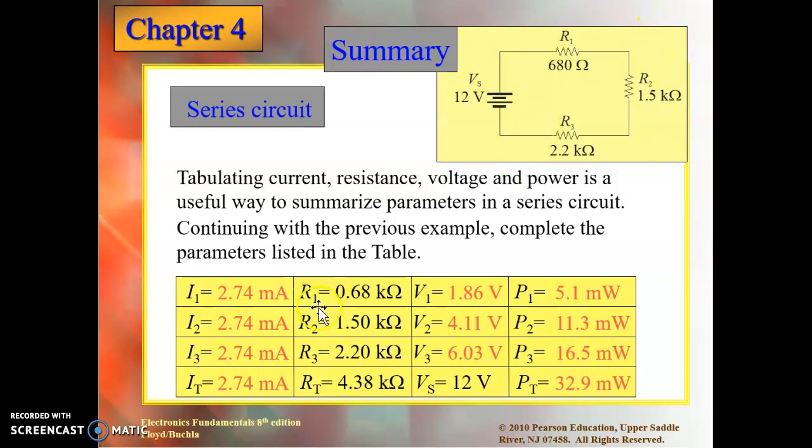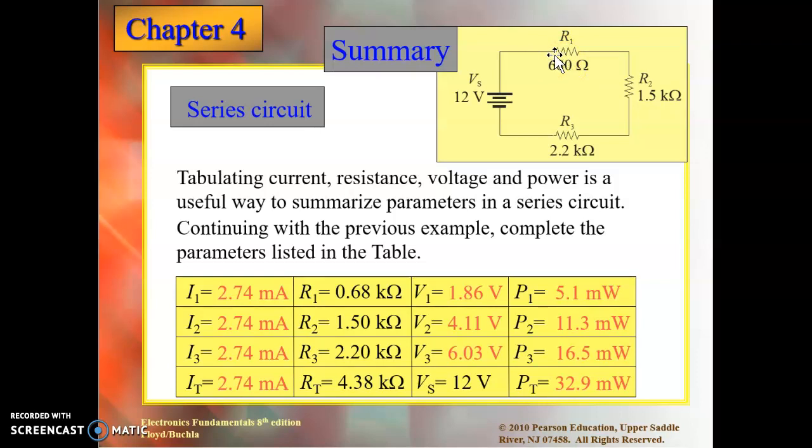Then I have the value of the resistors given to me, I add them, and I get the R total. Now, using Ohm's law, I can find out the voltage across this resistor.